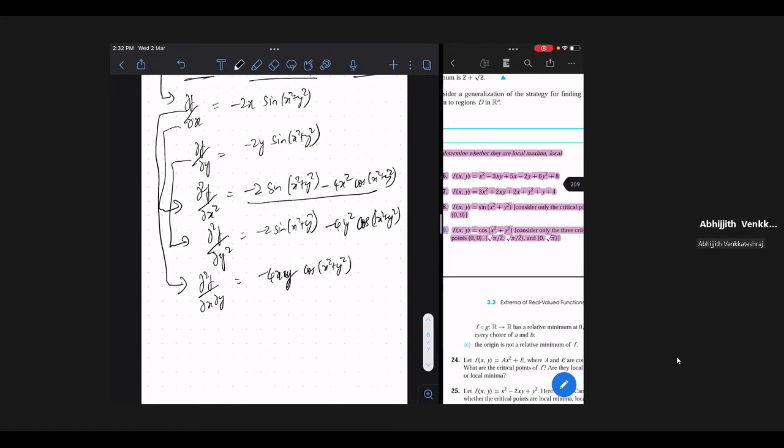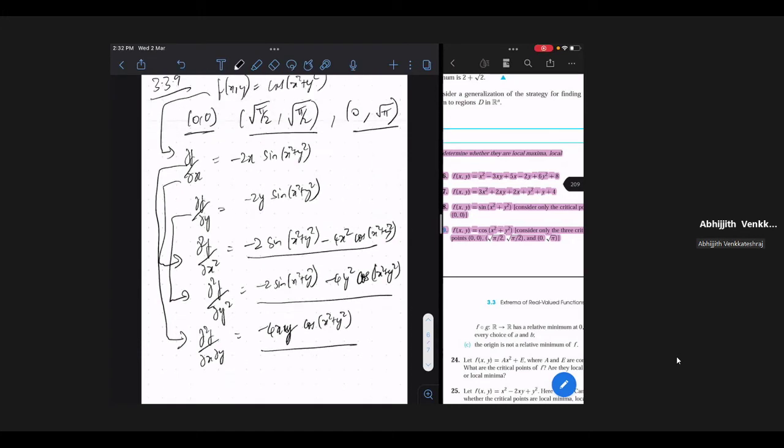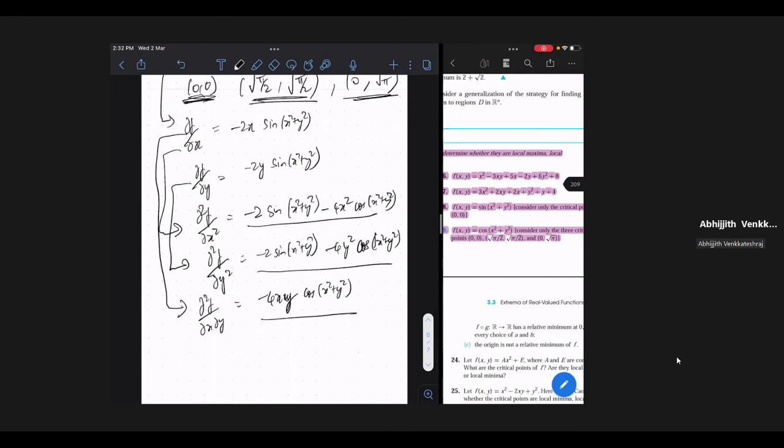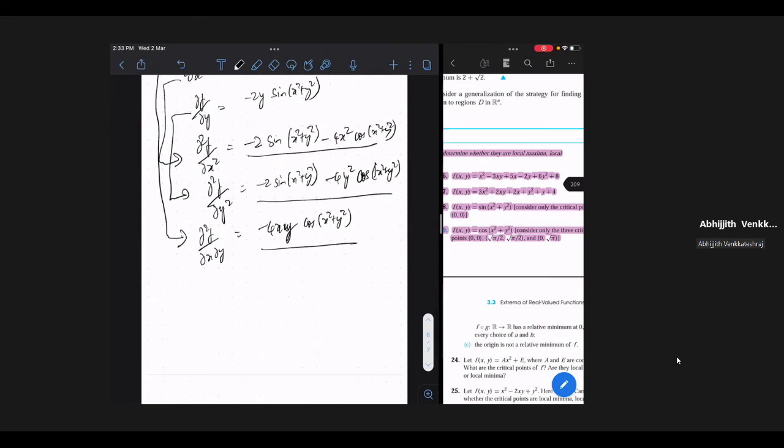So we have all the 3 terms that we are looking for in our Hessian matrix. Now all that's left is to substitute the points given for each one of the critical points and find out what the Hessian matrix is going to be. So let's take first the point 0, 0.